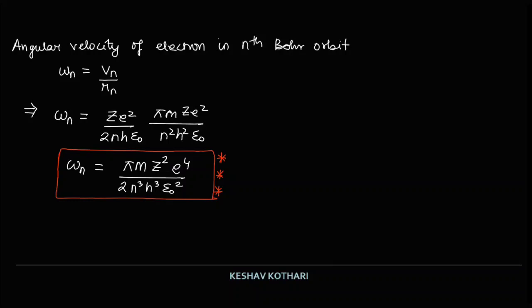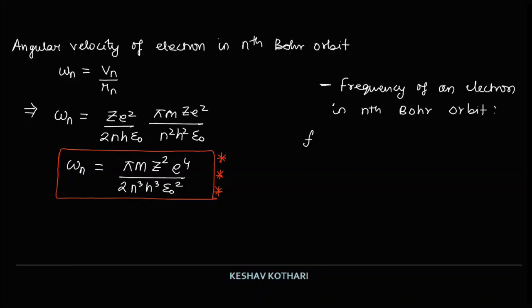The next thing which I calculate is the frequency for the electron in nth Bohr orbit. The frequency for electron in the nth Bohr orbit is equal to omega n upon 2 pi.